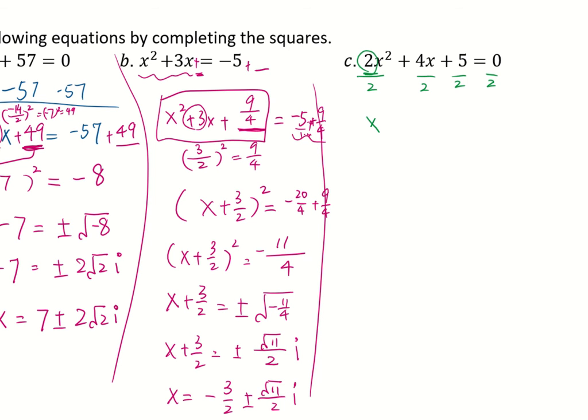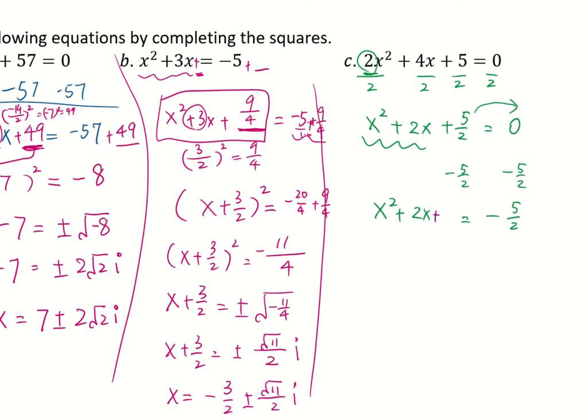So I will have x squared plus 2x plus 5 over 2 equals 0. If I want to solve it by completing the square, I only need these two terms. So I'm going to move the 5 over 2 to the other side. So subtract 5 over 2 on both sides. You have x squared plus 2x equals negative 5 over 2.